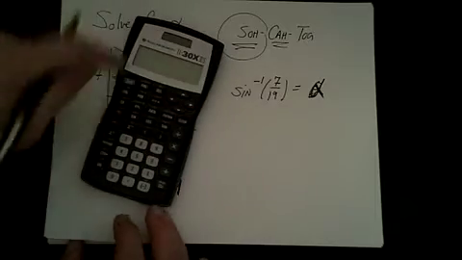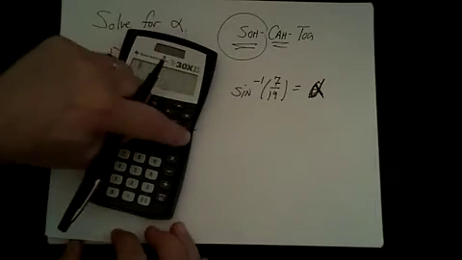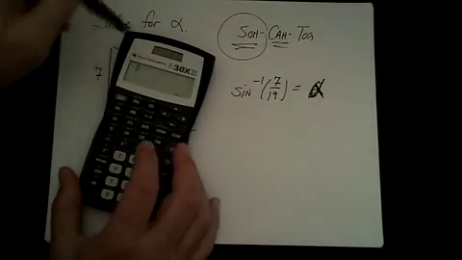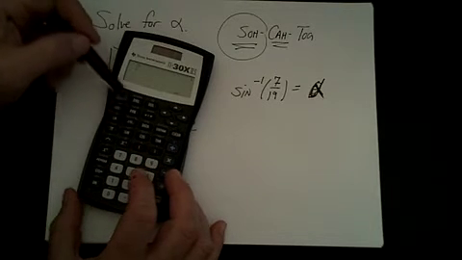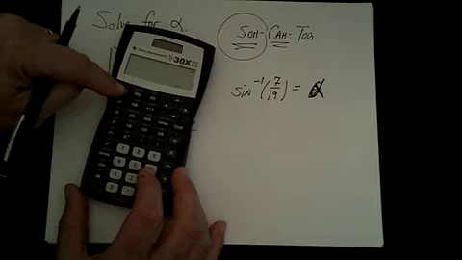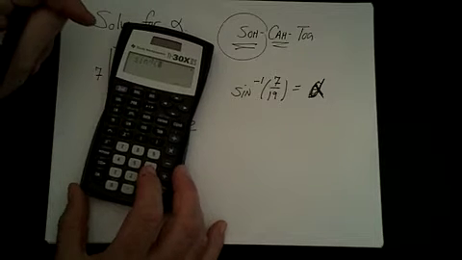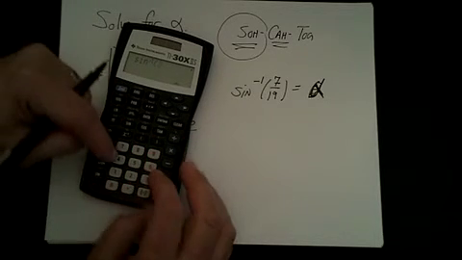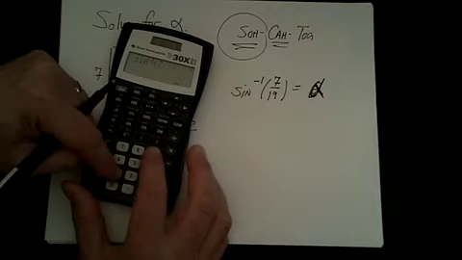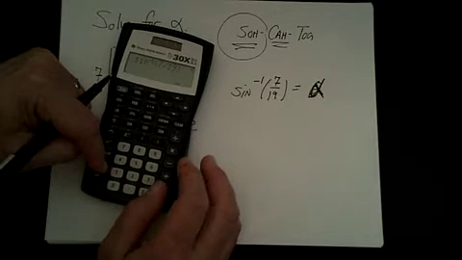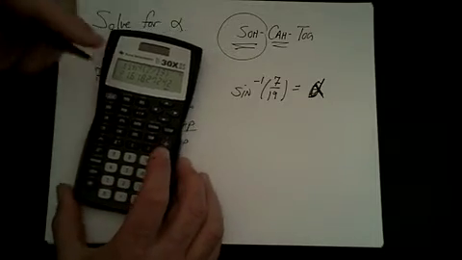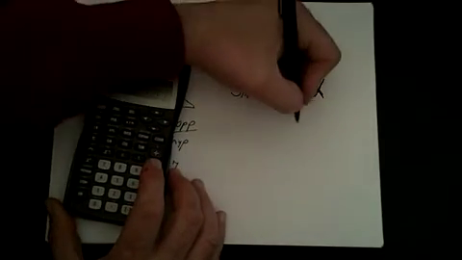Every calculator is going to be somewhat different, but on this particular calculator, sine inverse is above the sine, it's a shift, and that's generally the way it's going to be. So I go sine inverse of 7 divided by 19, and I get approximately 21.7 degrees.